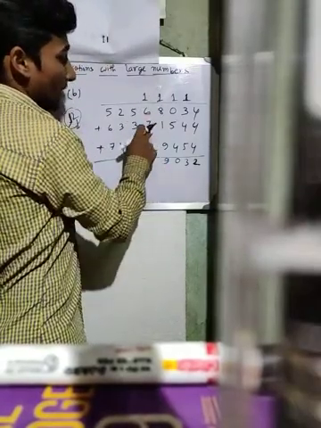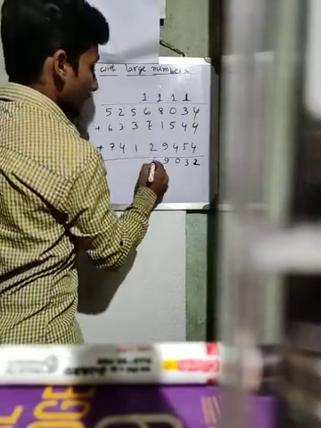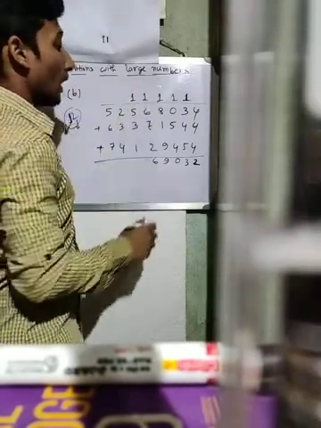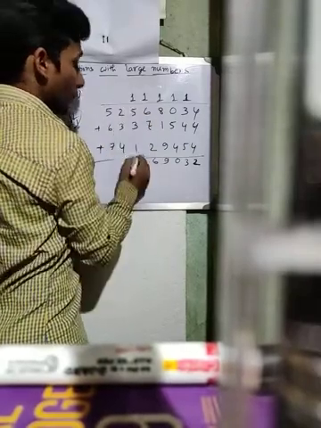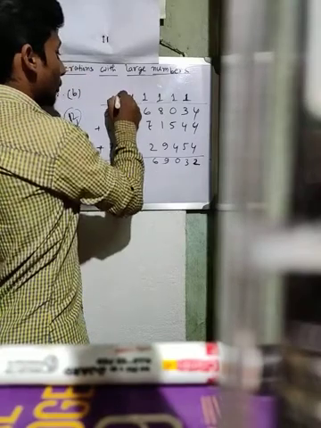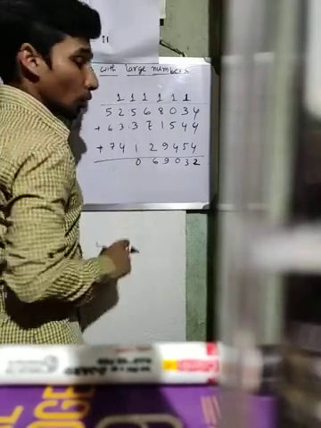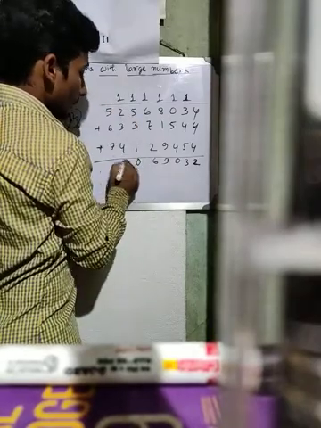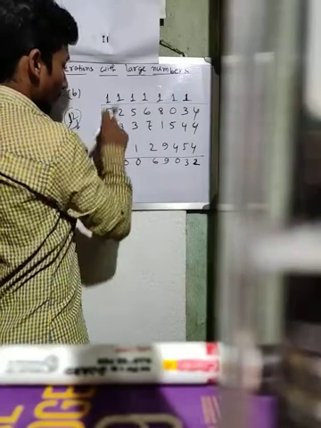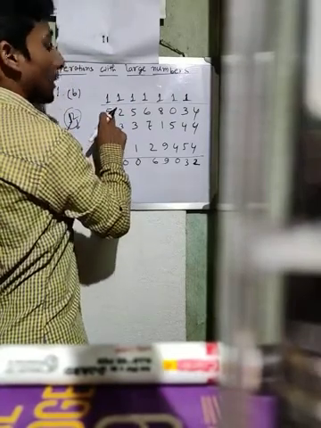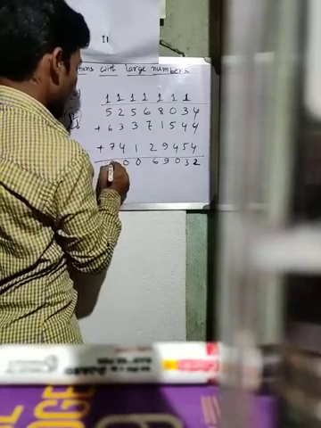Then 2 plus 7 is 9, plus 6 is 15, plus 1 is 16: write 6, carry 1. 1 plus 3 is 4, plus 5 is 9, plus 1 is 10: write 0, carry 1. Next, 4 plus 3 is 7, plus 2 is 9, plus 1 is 10: write 0, carry 1. Finally 7 plus 6 is 13, plus 5 is 18, plus 1 is 19.